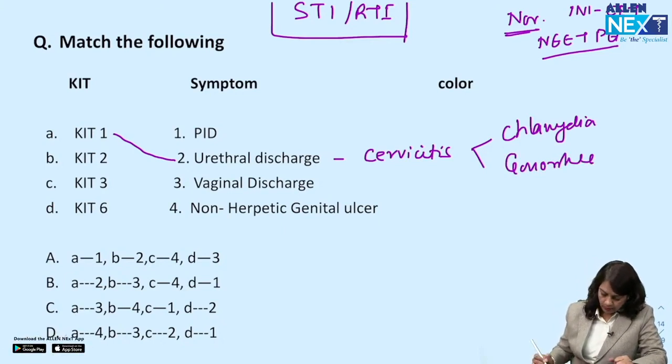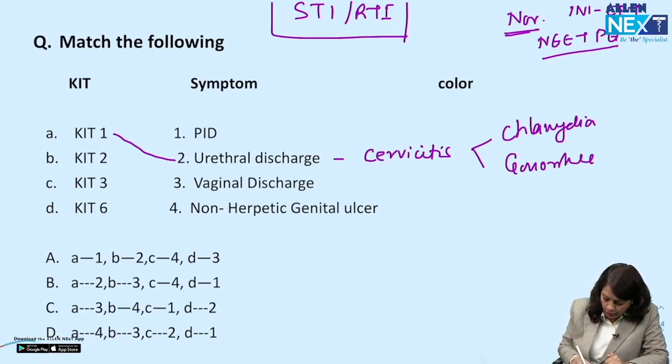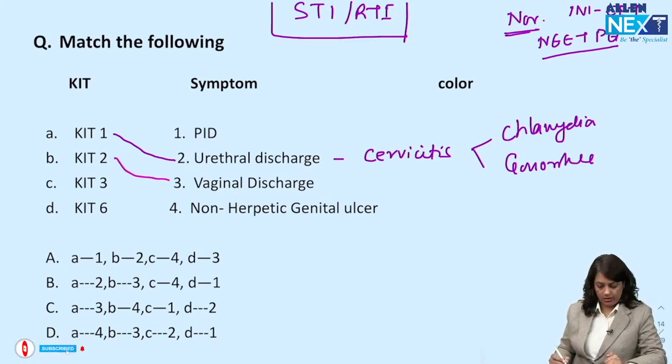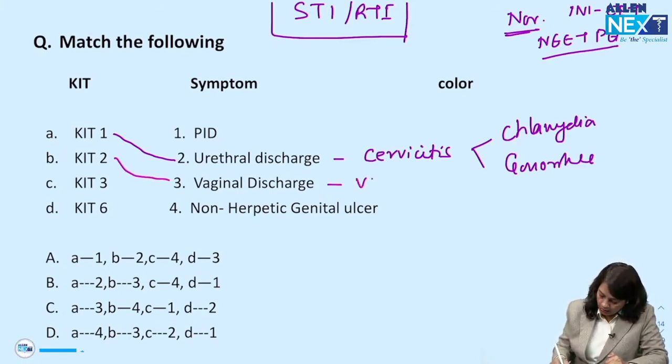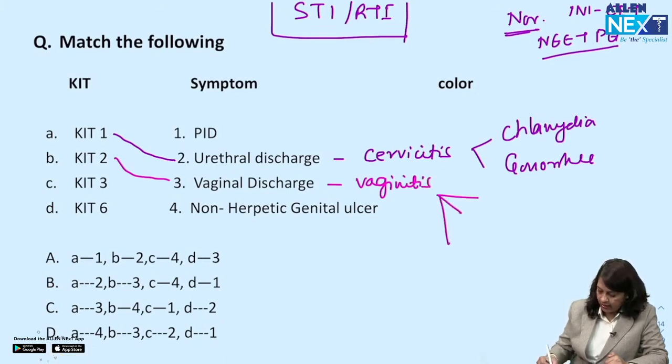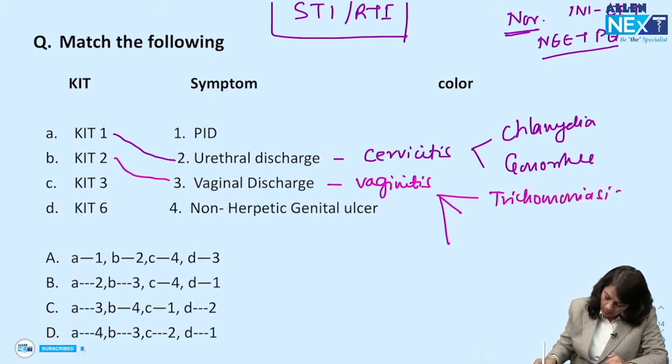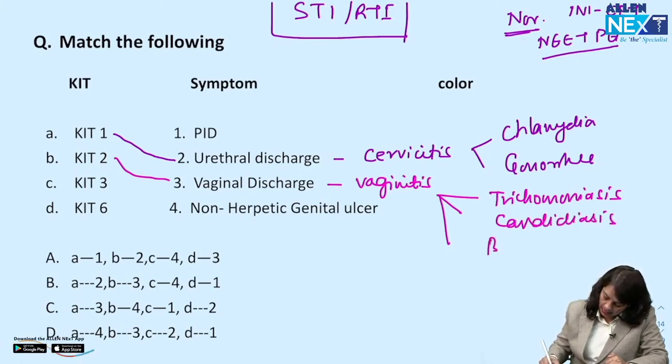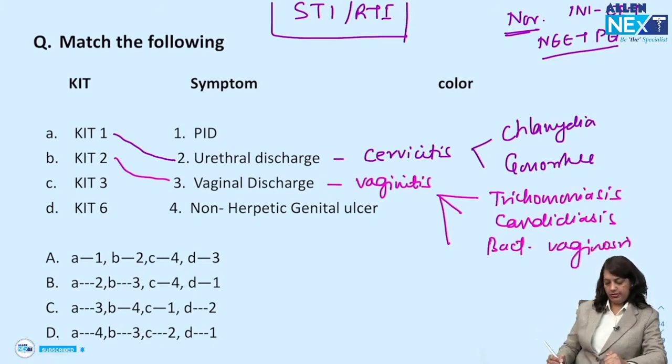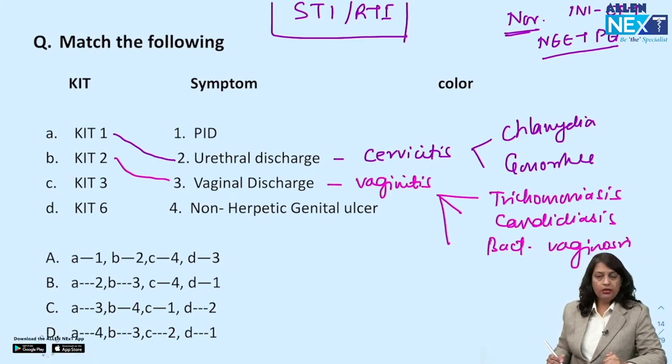Number 2, kit number 2 is for vaginal discharge. This is called vaginitis, and the causative agents for this are trichomoniasis, candidiasis, and bacterial vaginosis. So this is the green color kit for vaginal discharge.